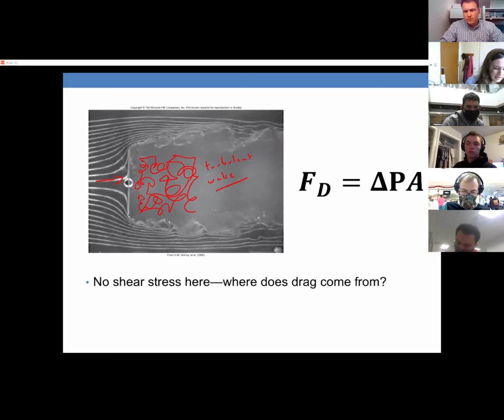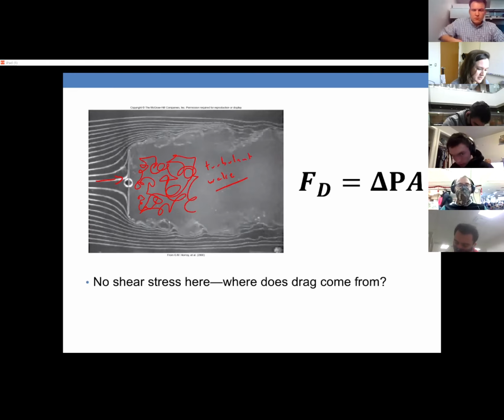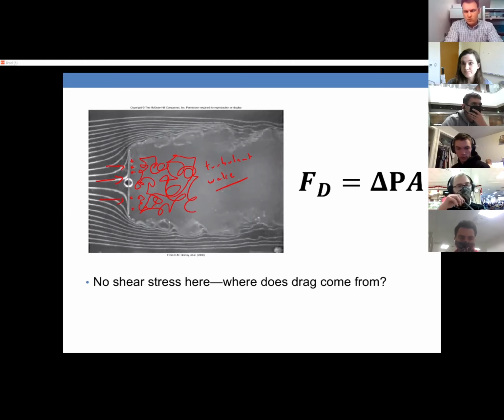And so you're going to have a high pressure area at the front and a low pressure area behind it. And the difference between the pressures creates the drag. So if it's high pressure here and low pressure here, the net pressure force is going to push it, in this case, to the right.